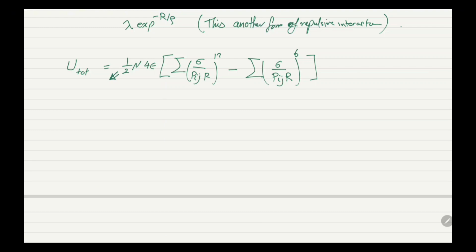This half here is to avoid counting each pair of atoms twice. Pij R is the distance between reference atom i and any other atom j.